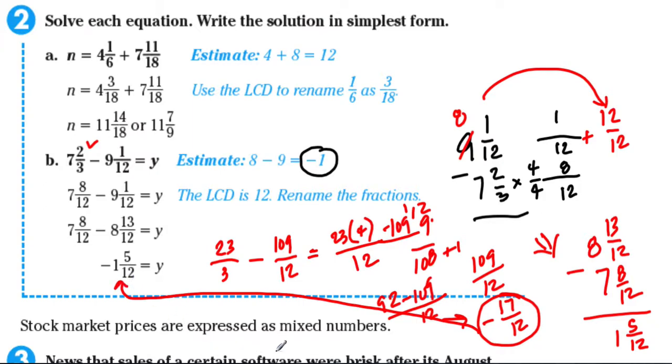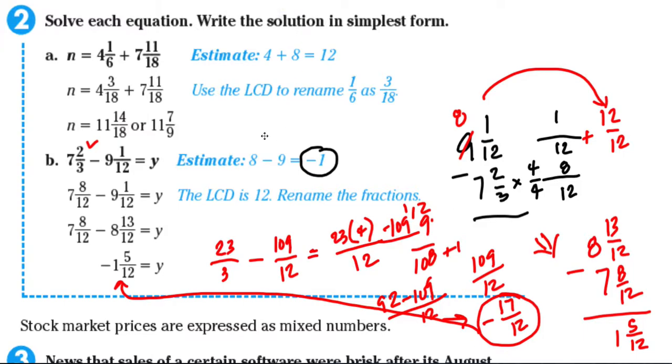Okay, so a few ways to do this, a little bit messy, but you see how you can do this in different ways. You can get the difference of those two mixed numbers in two different ways.